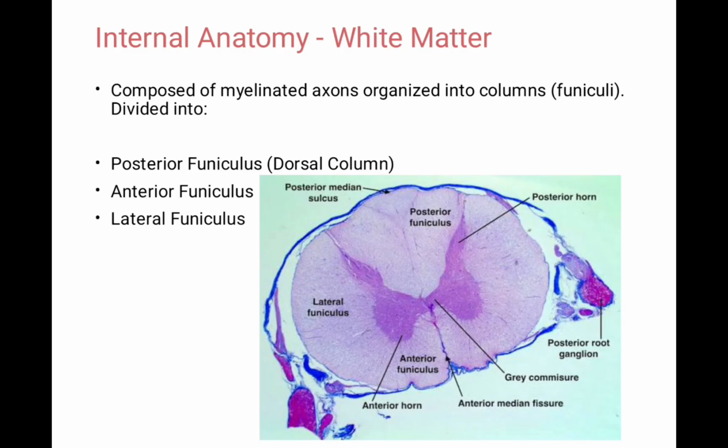Now, looking at the internal anatomy, we look at the white matter, which is composed of myelinated axons organized into columns or funiculi. If you look at this, we still have our gray matter here, which is H-shaped or butterfly shaped. Everything outside this is our white matter.